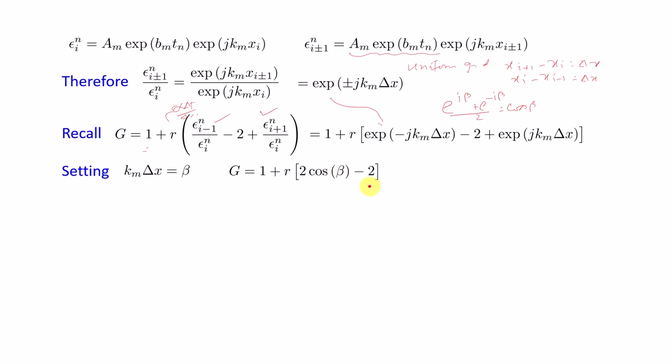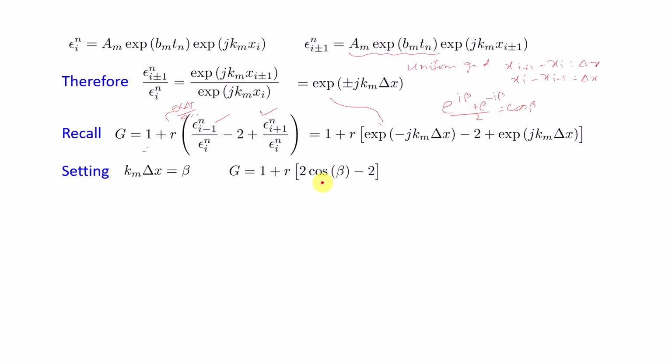So I bring it up here. It looks like a very slim expression now, but still we don't know beta, therefore we don't know g. Now the point is that this is only one mode we are talking about, the mth mode. And the mth mode will give us some value of k_m, and that will give us some value of beta, which we don't know.